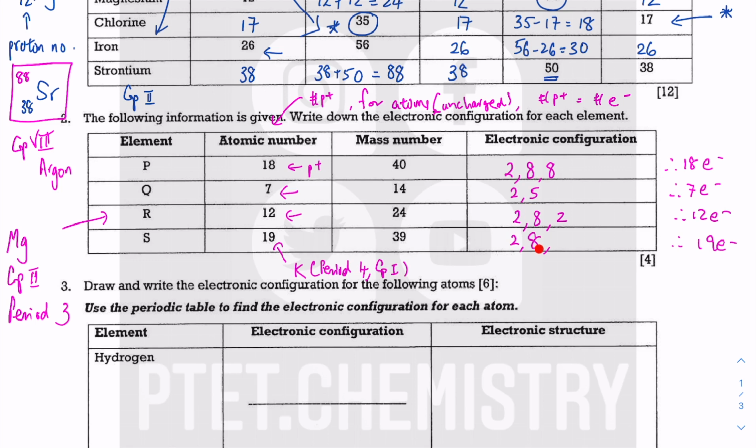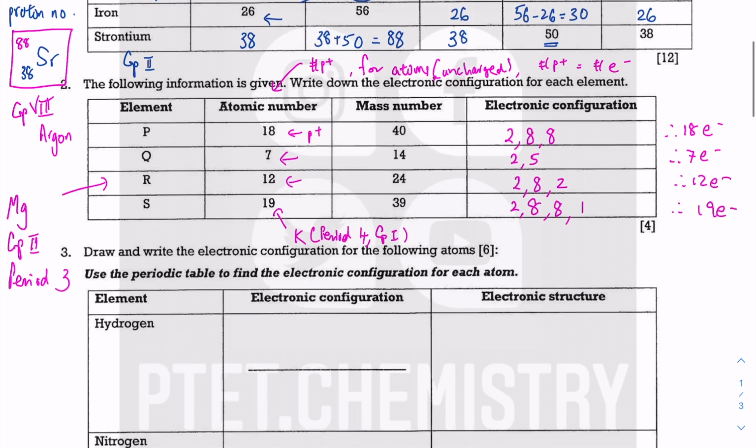Have a periodic table in front of you. You should know the first 20 elements as expected from the syllabus. All right. And then sodium to argon is 8 and then 1. 2 plus 8 is 10, plus 8 is 18, plus 1 is 19. 19 electrons in an atom for this element, okay? Because for atoms which are uncharged, number of protons equal to number of electrons.